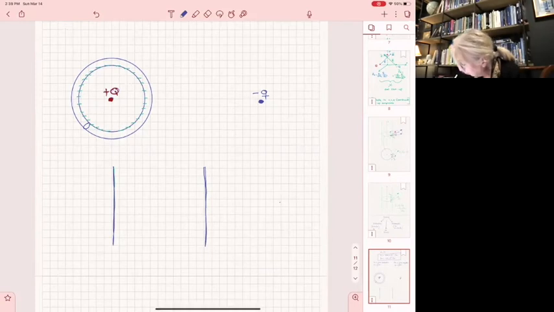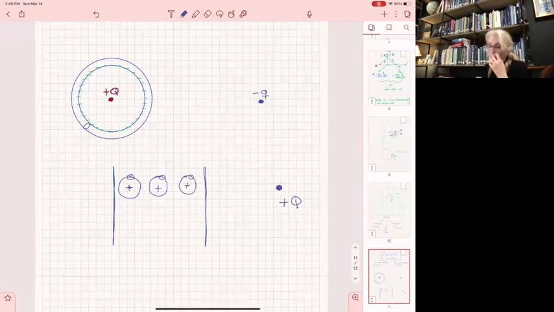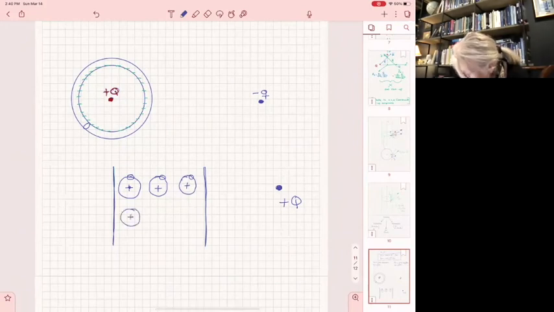Here you have a positive charge, and then here you have the nuclei of the atoms, and then electrons. Let's do two lines of those.